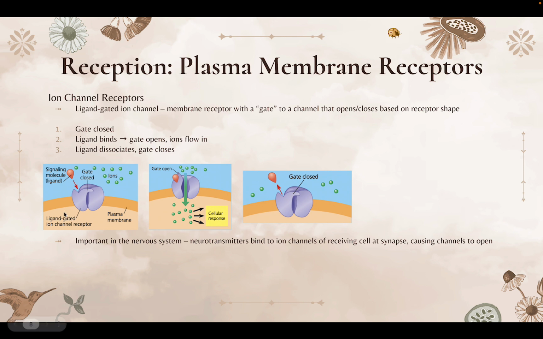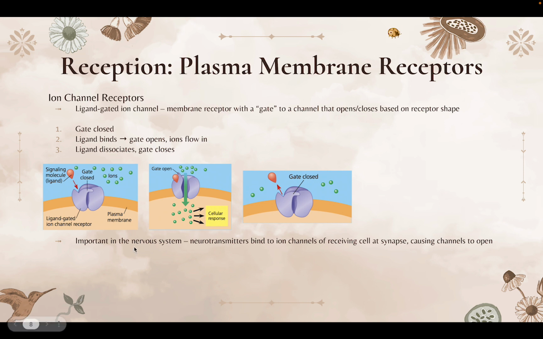You're going to start off with the gate closed, and then whenever the signaling molecule binds, the gate's going to open because now our ligand-gated ion channel receptor changes shape. That lets things through, and that can lead to a cellular response. And then when the ligand stops being bound to our receptor, the gate closes again, and we return to the starting state.